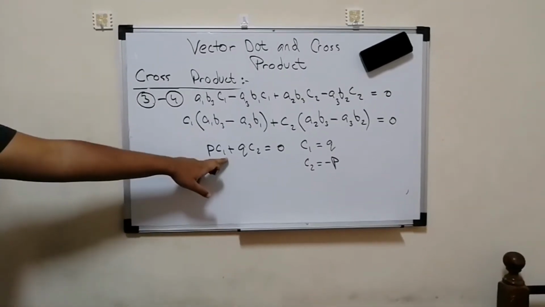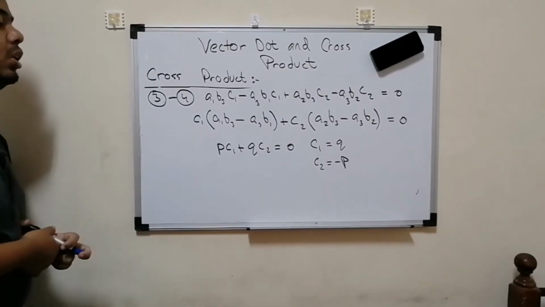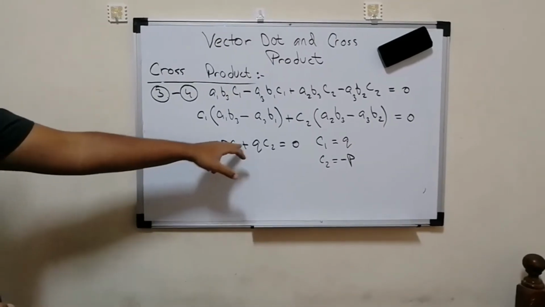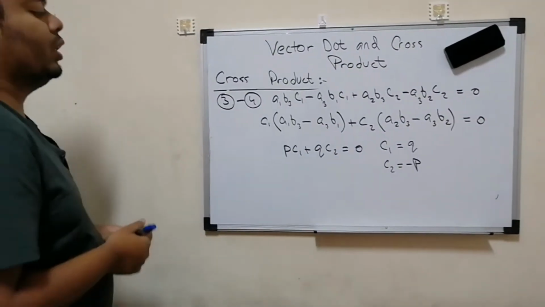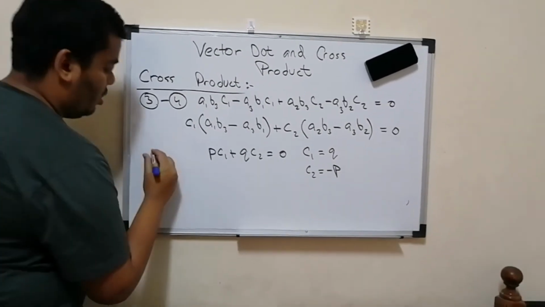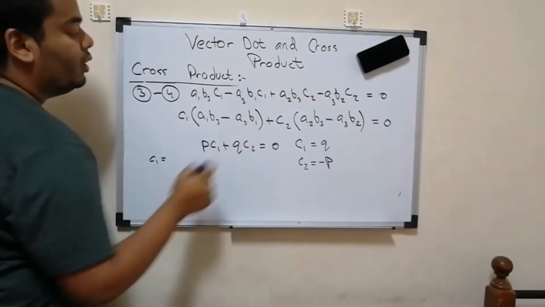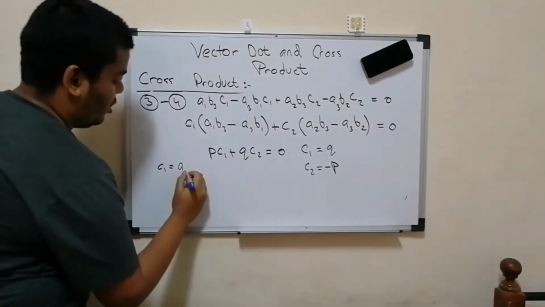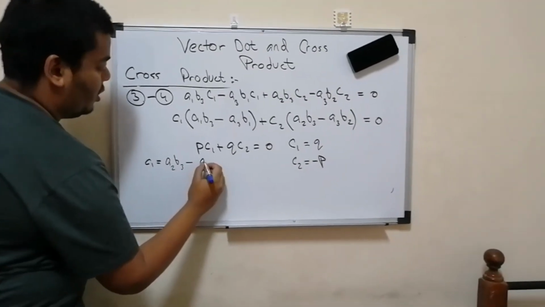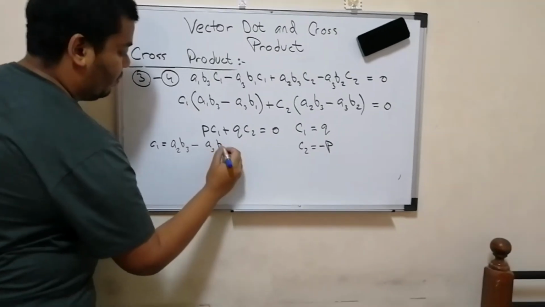If C1 is Q, C2 is negative P. So let's put PQ minus PQ. C1 will be, in this case, our Q is this one right there: A2 B3 minus A3 B2.